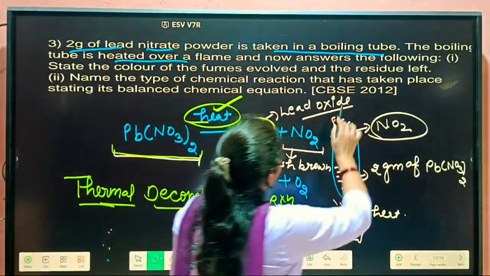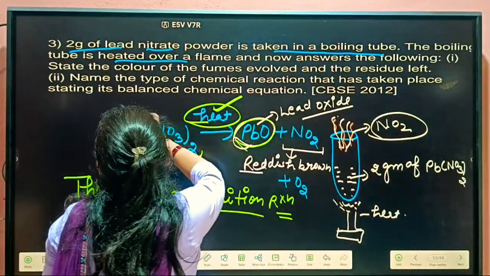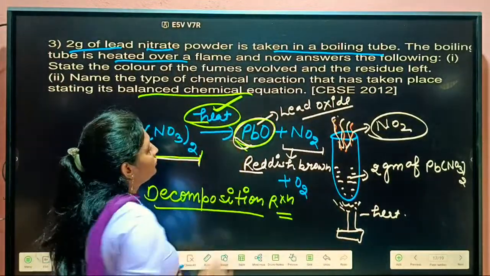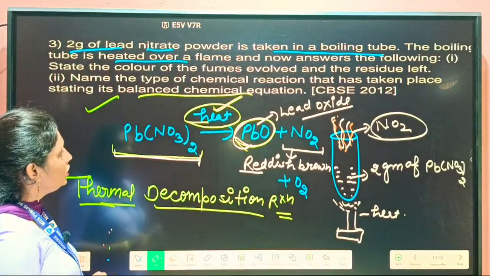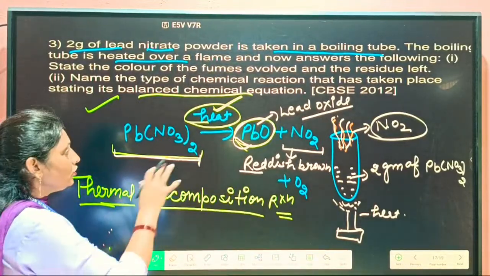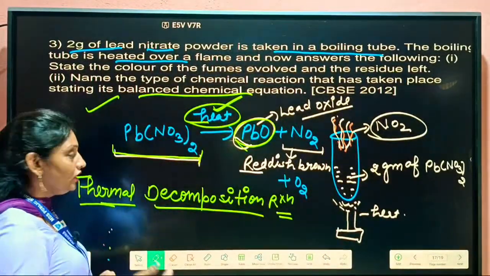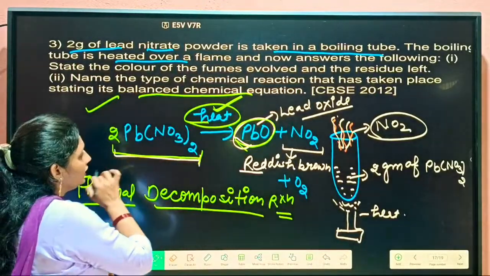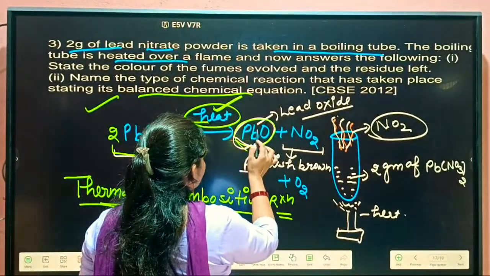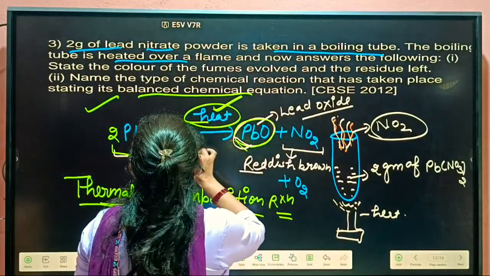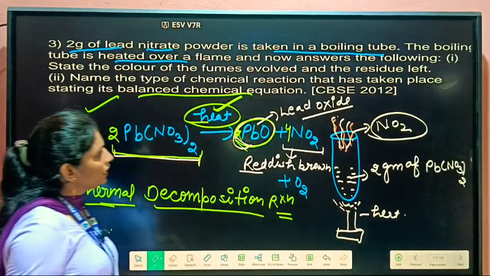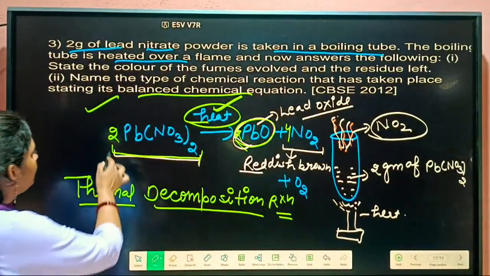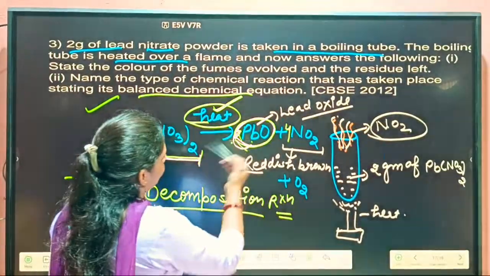Then we can state its balanced chemical equation. So this will be the chemical equation here, students. You can balance it. You will try to balance it because we have already done the concept of balancing. So you will get 2 Pb(NO3)2 giving 2 PbO plus 4 NO2 plus O2. You can see here 2 lead and 2 lead.